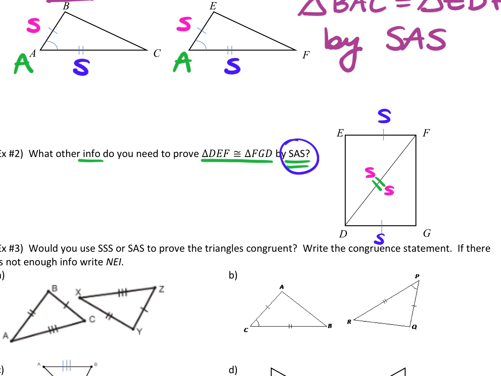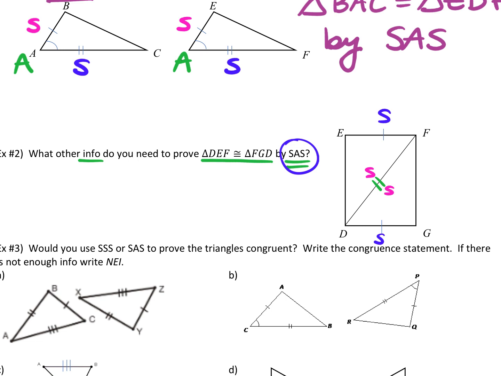So is that angle GFD or angle GDF? GFD or GDF? It can't be both. It's either this or it's this. Which one's the included? GDF. It's the first one, right?